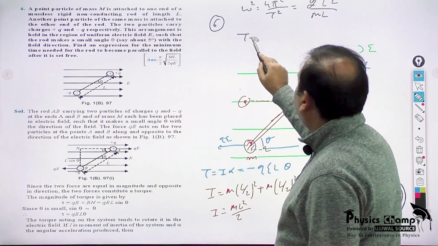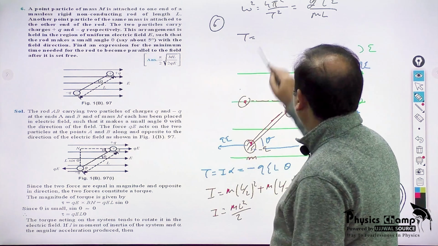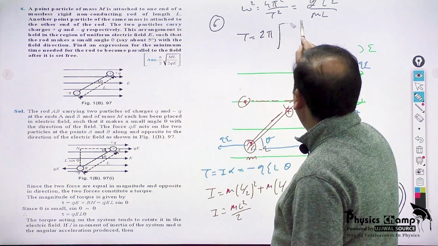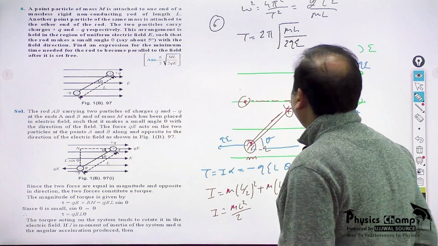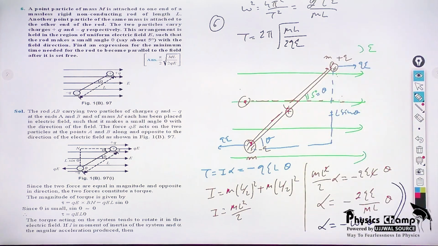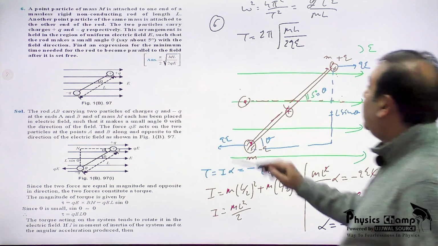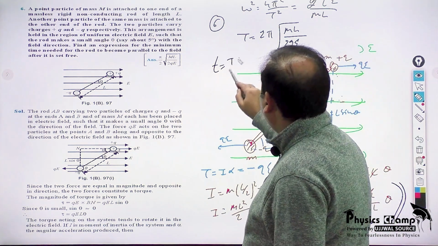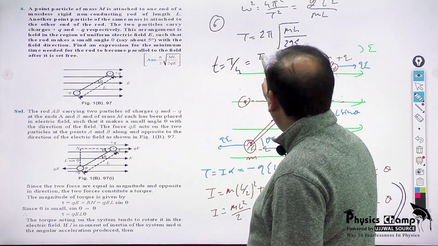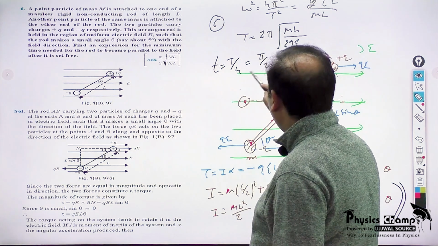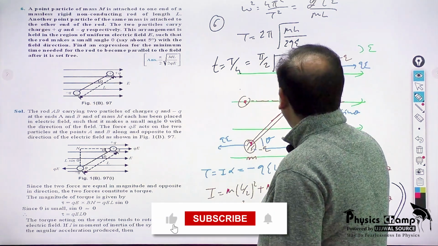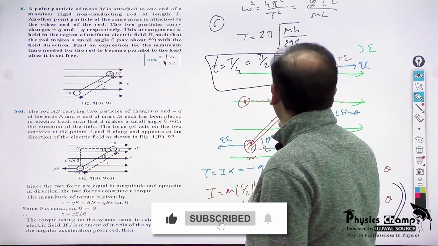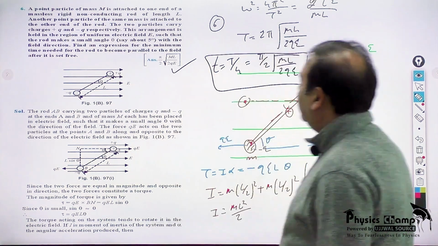So the time period will be 2 pi root mL by 2qE. But we are looking for the time, which will be T by 4. So this will be pi by 2, 2 pi by 4 into root mL by 2qE. This is the time it will take to become horizontal.